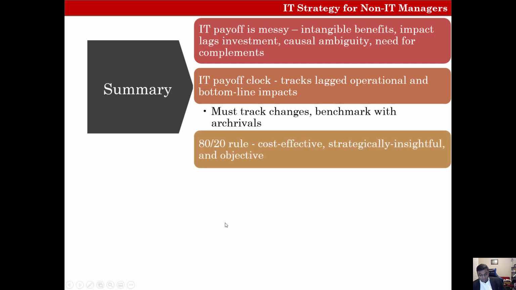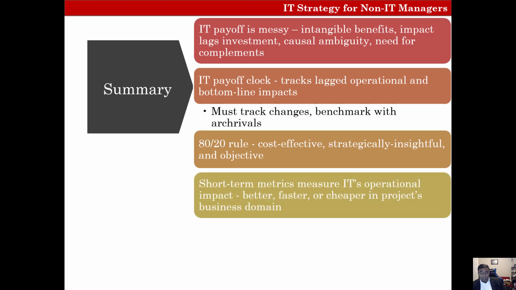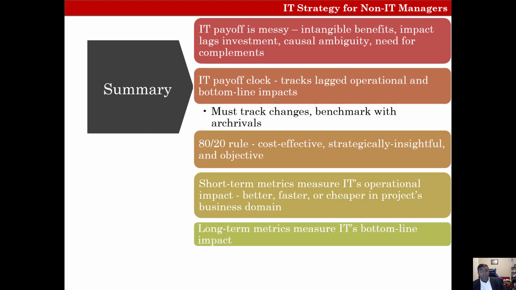We must keep track of the changes and benchmark against rivals. We talked about the 80-20 rule: a few business-centric IT metrics that are cost-effective, competitively insightful, and objective are worth more than having many. Short-term metrics measure IT's operational impact, better, faster, or cheaper in the project's domain, and long-term metrics measure IT's bottom line impact, both backward and forward-looking.